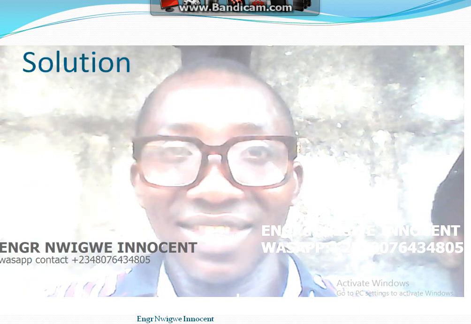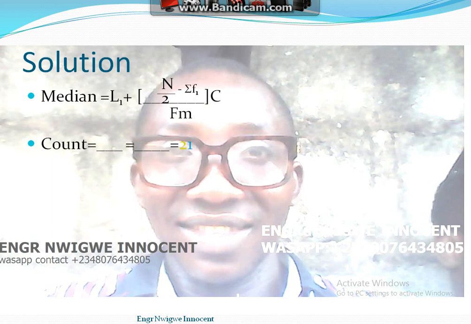Solution: the median is equal to L1 plus, in parentheses, N over 2 minus sigma F1 all over Fn, times C. So the count is equal to N over 2, which is 42 over 2, which gives us 21. C is equal to 10.